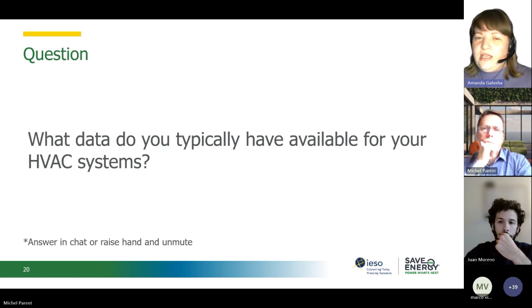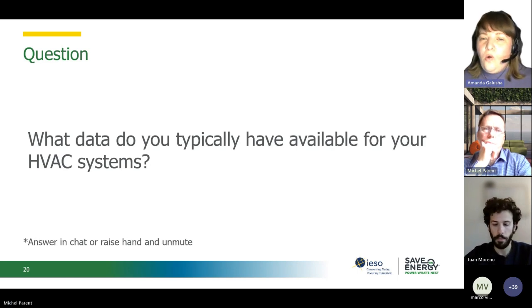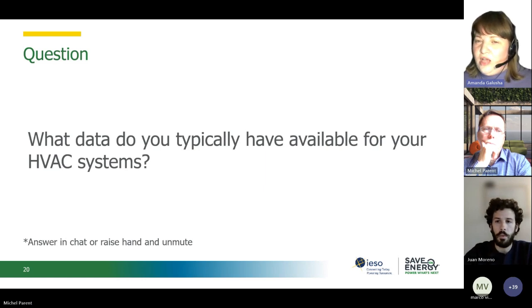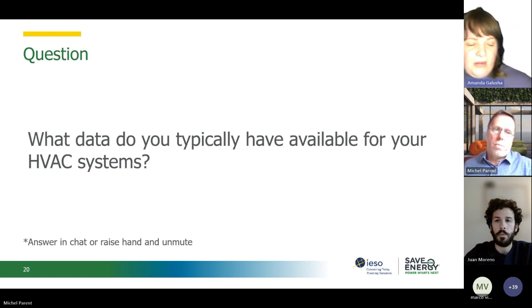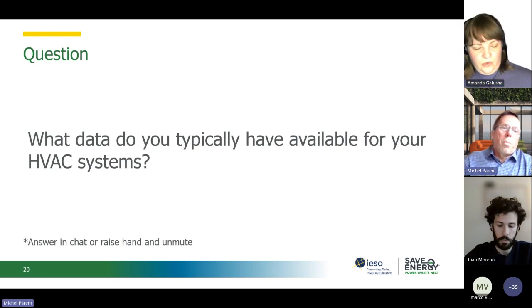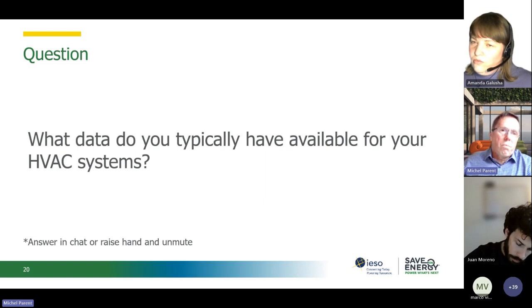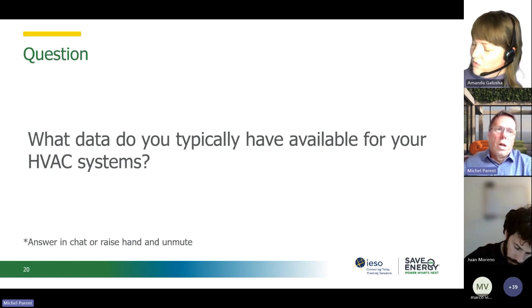So they were curious about incentives, which I provided some information in the chat about different incentive programs that they might want to look into. But also, what kind of information would you suggest be collected for that particular project? Maybe pointing them to some of what you already said, but also if there's anything else that you think would be relevant. So typically, like in hotels, they'll have what we sometimes call a PTAC unit, package terminal air conditioner.